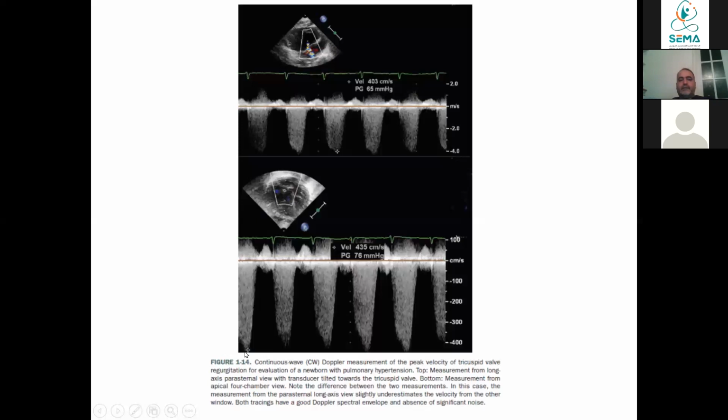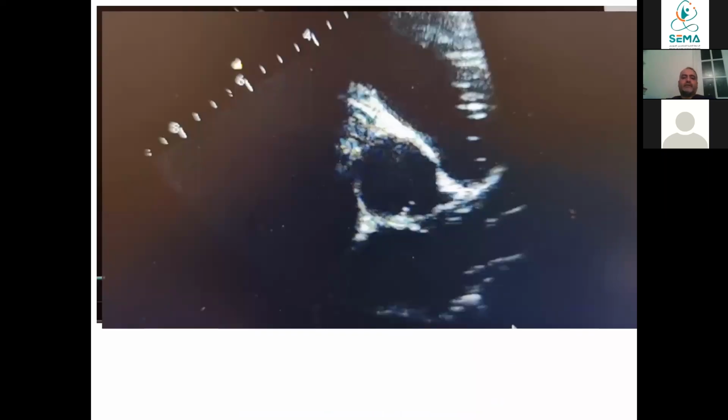This marker from here gives a number, like 76, and you add 5. It will be the total pulmonary pressure. This is important in pulmonary hypertension to know if it is significant or not significant, to start treatment or not.